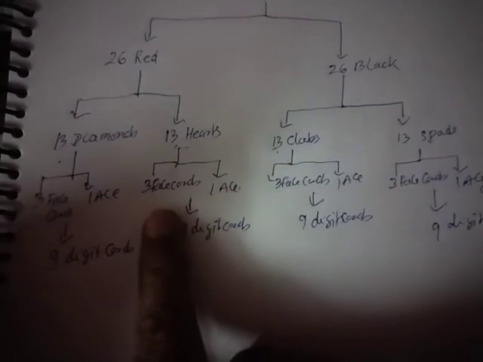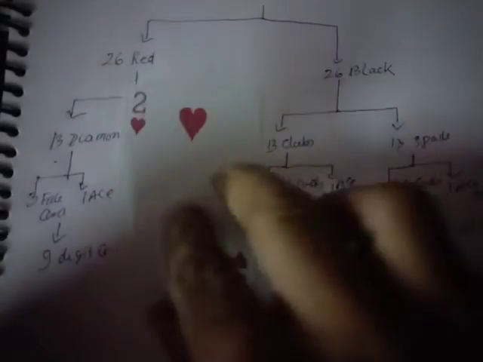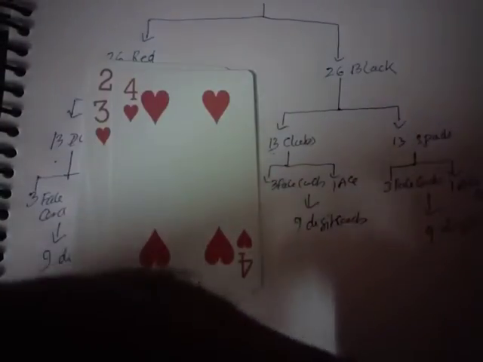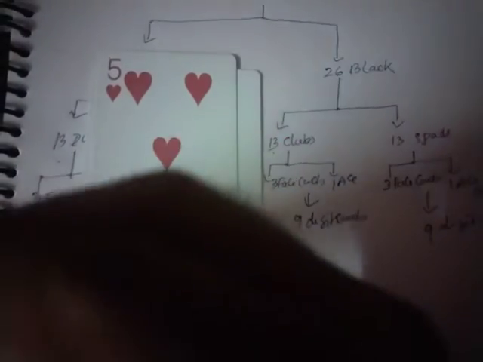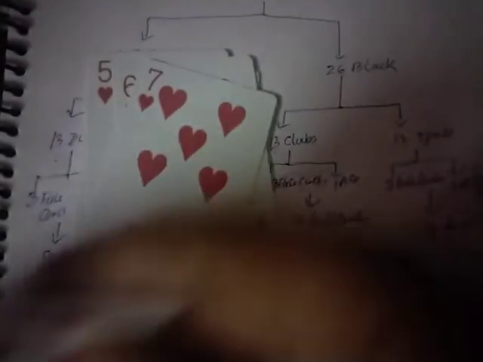So 3 face cards, 1 ace card, 9 digit cards: 2, 3, 4, 5, 6, 7, 8, 9, 10.